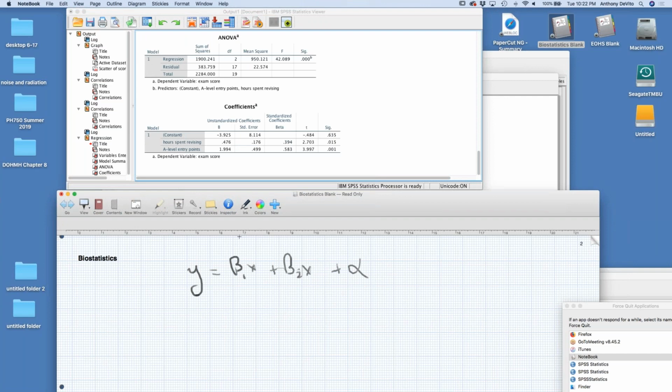So, let's see, what's our first unstandardized coefficient?